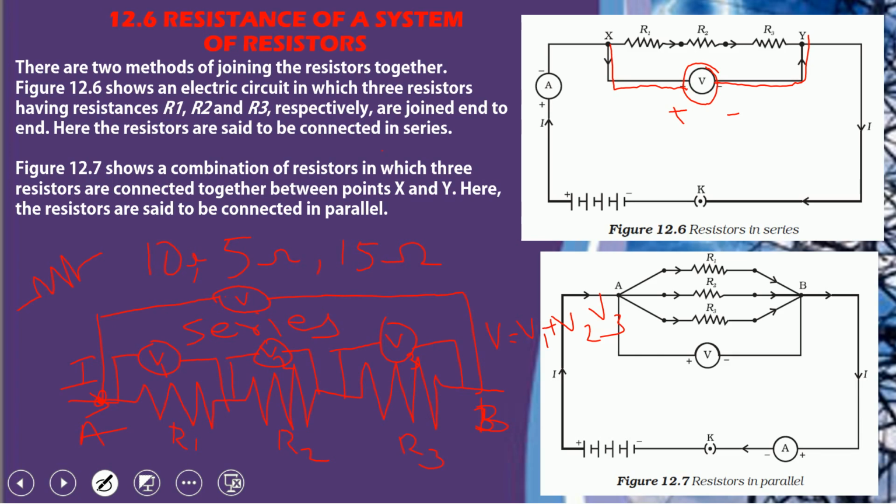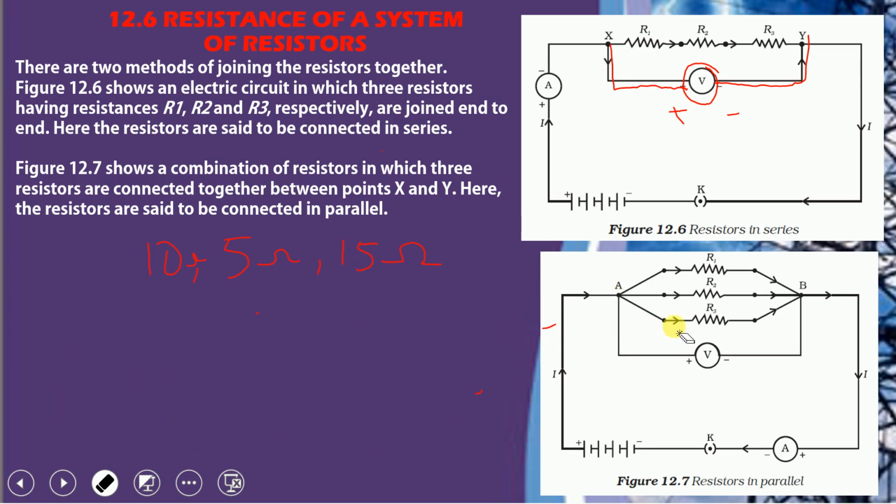We will see the individual details tomorrow in the next class. When these resistances are connected in series, one after another, the resultant resistance R is 10 plus 5 plus 15, that is 30 ohm.